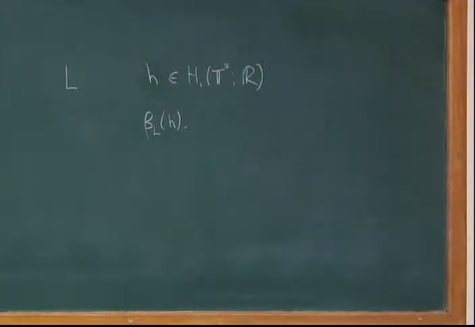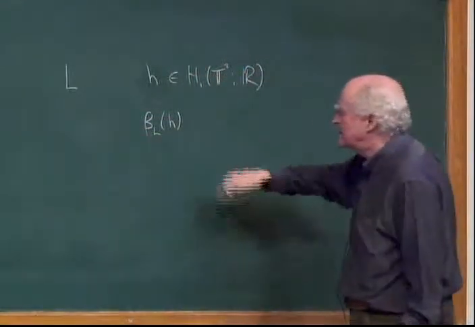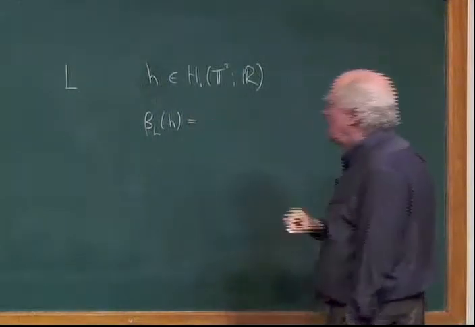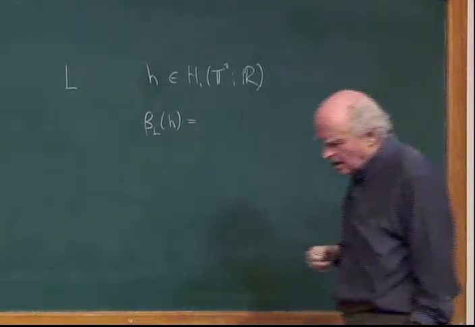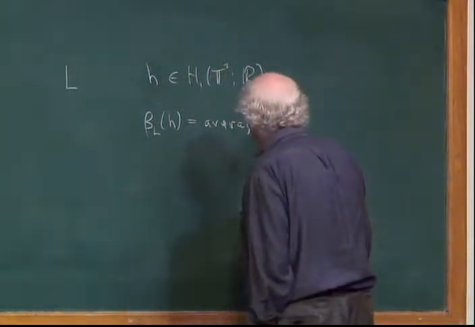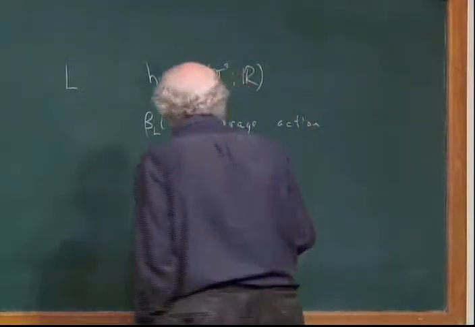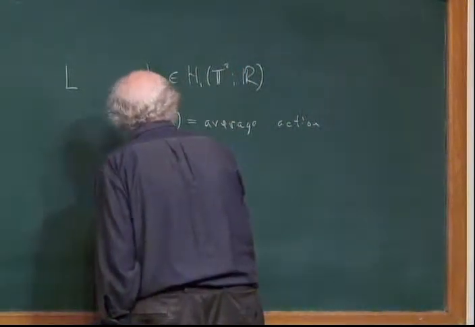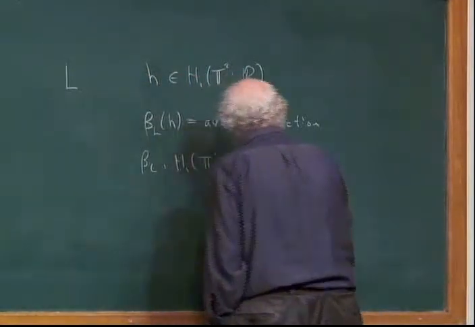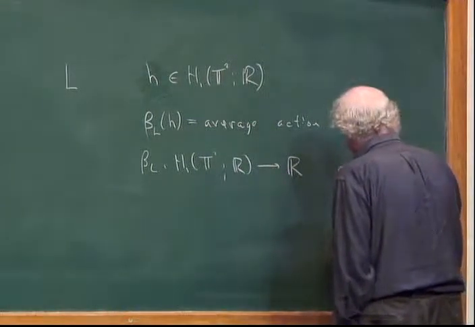In some sense you can think of this as the average action of an Aubry set with rotation number H, to be very sloppy. So this is the average action. And this actually turns out to be a convex function. So beta L, from H1 of T2 with coefficients in R to R, is convex, with superlinear growth.